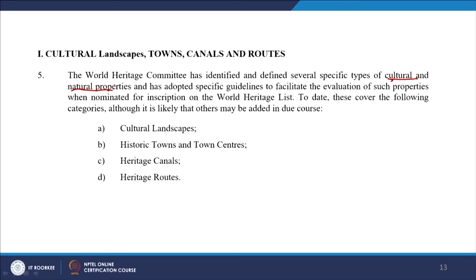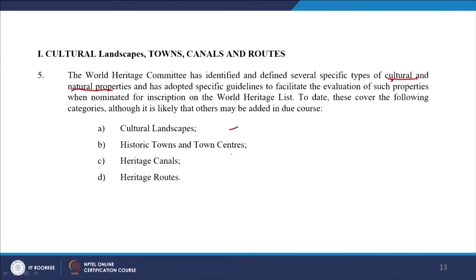In the very beginning of our conservation lectures, we talked about historic integrity, authenticity, significance and context, because we have to consider what kind of integrity this particular property, settlement or landscape bears, and what its outstanding universal value is. So they have classified them into cultural landscapes, historic towns and town centers, heritage canals and heritage routes. Today we'll just briefly discuss the cultural landscapes.